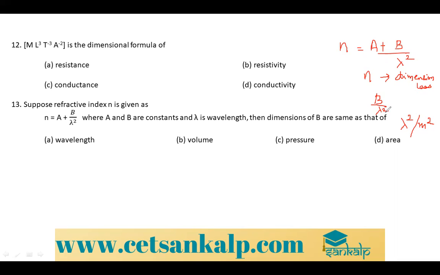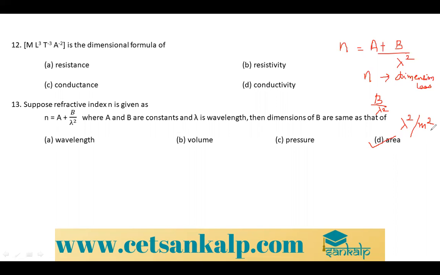Why? Because it is b by lambda square, b will have the dimensions of lambda square. Meter square is for which variable? It is area. The SI unit is meter square. I hope you are clear with this, right?